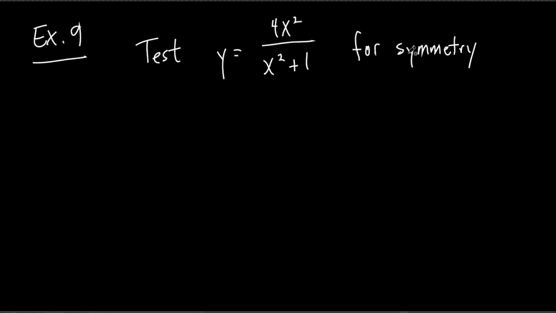Actually, does that example say to test just for the x and y axis? Somebody look at example 9 in their book. Who's got example 9 in front of them? You should see a 4x squared over x squared plus 1. Do you see it? Anybody with me? Okay, what does it say? Because I don't have the book in front of me. Does it say test for the x-axis and the y-axis, or what is it? Right, over x squared plus 1 for symmetry.